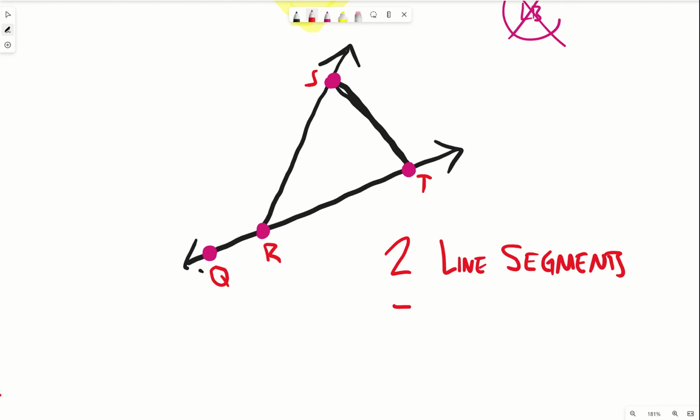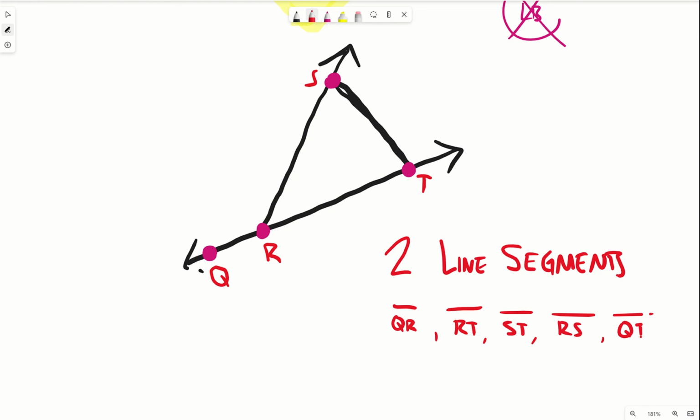You could choose from line segment QR, line segment RT, line segment ST, line segment RS, line segment QT. All of those would be line segments. All of those would be good. So choose the one you like and roll with it, you know?